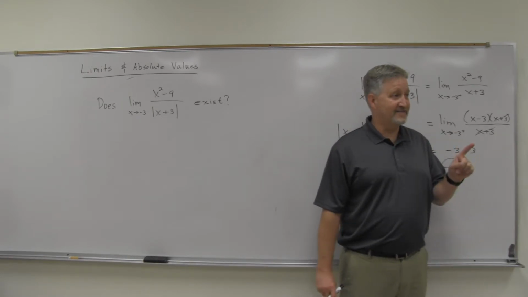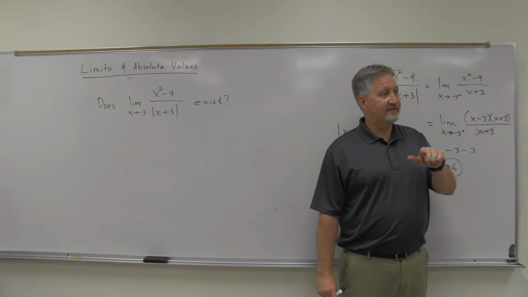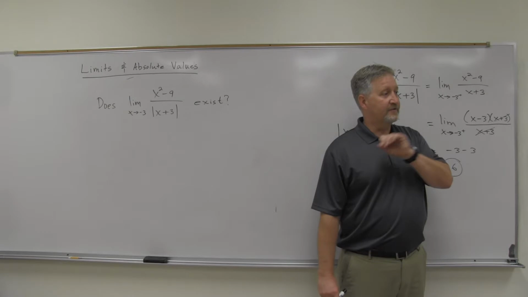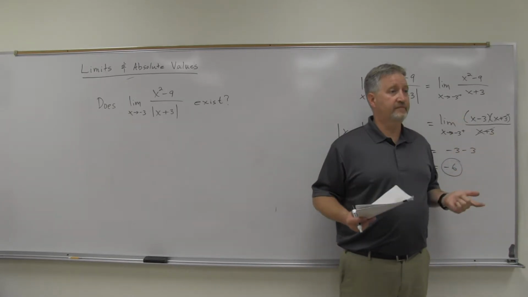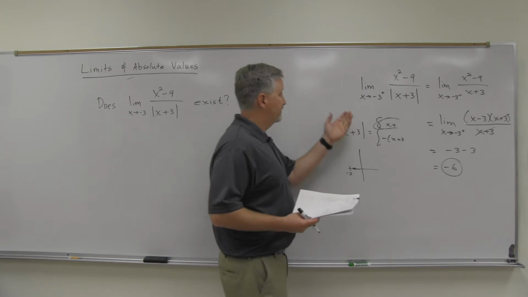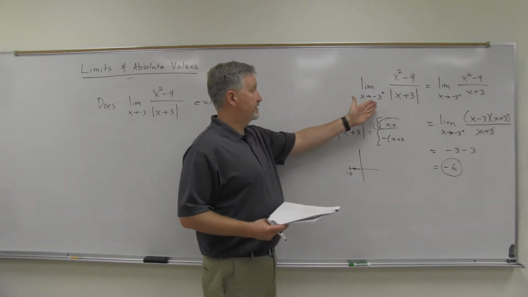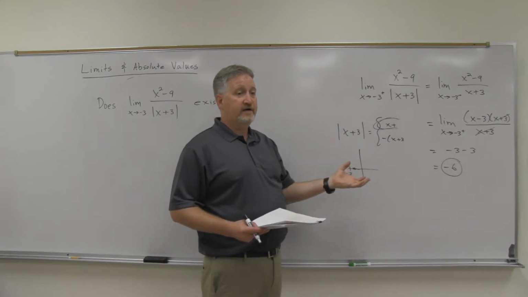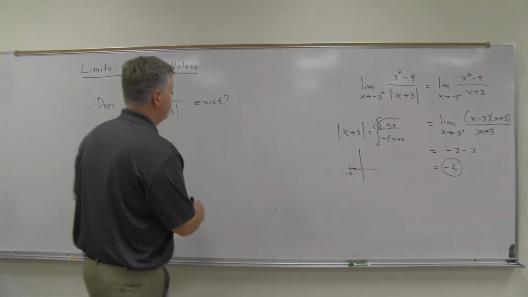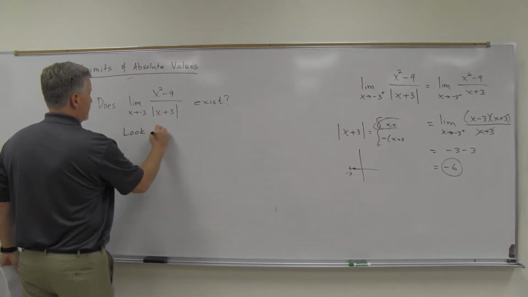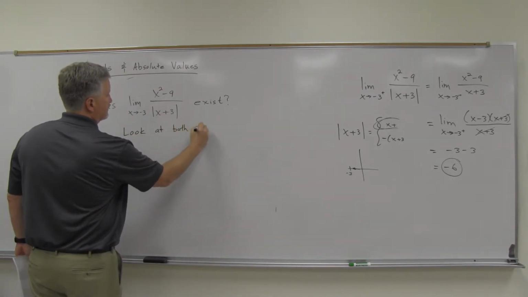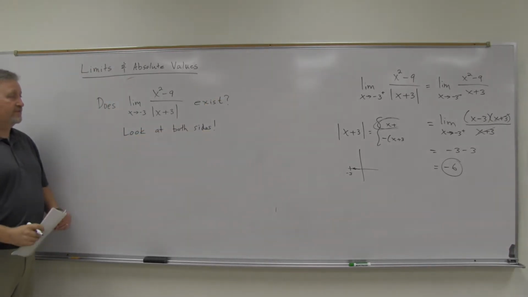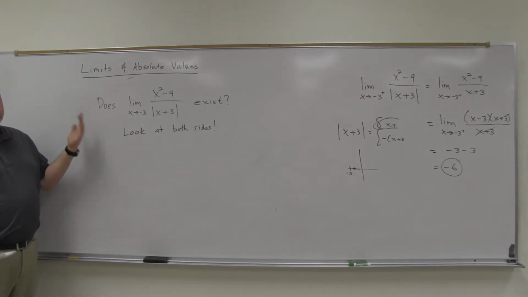For a limit to exist, the limit from the right has to equal the limit from the left, doesn't it? The two limits from both sides have to be the same. We've got here the limit as x approaches -3 from the right. So we have to look at both sides. Since we started with that problem over there, we've got the limit from the right. We just need to look at the limit from the left.